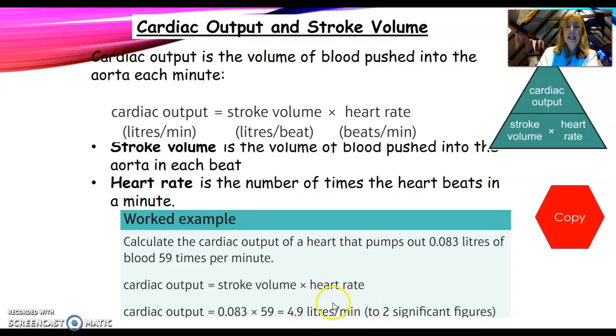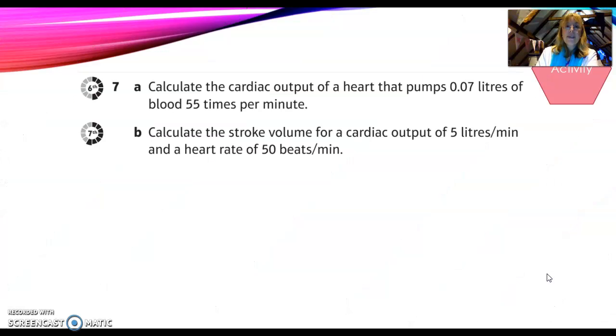Never forget the units unless they give them to you, and I've written to 2 significant figures. Now in the next slide, after you've copied this down, there are 2 questions for you to do, and this is where we will pick up in the next video.